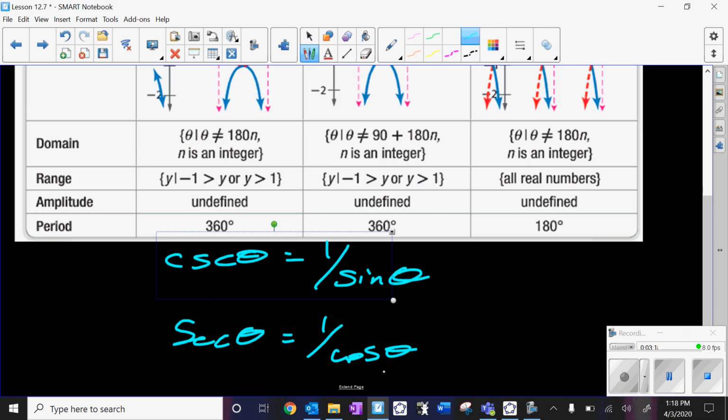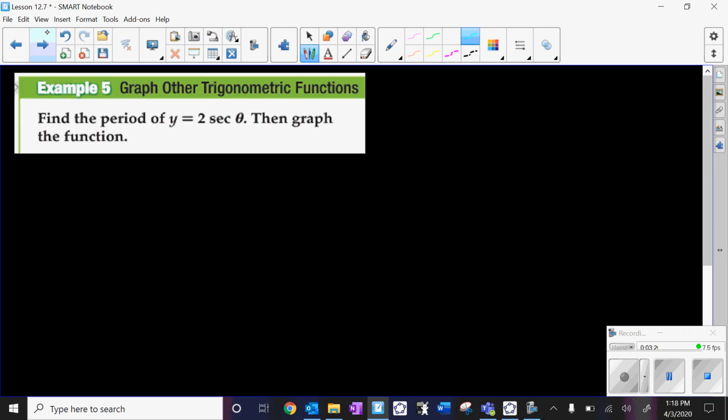Okay, so I'm going to give you one example, and then we'll go from there. We're going to focus on graphing secant of theta. I want to come up with the amplitude and period. Let's deal with the graph of 2 secant of theta, where I want to know what is the amplitude and what is the period.